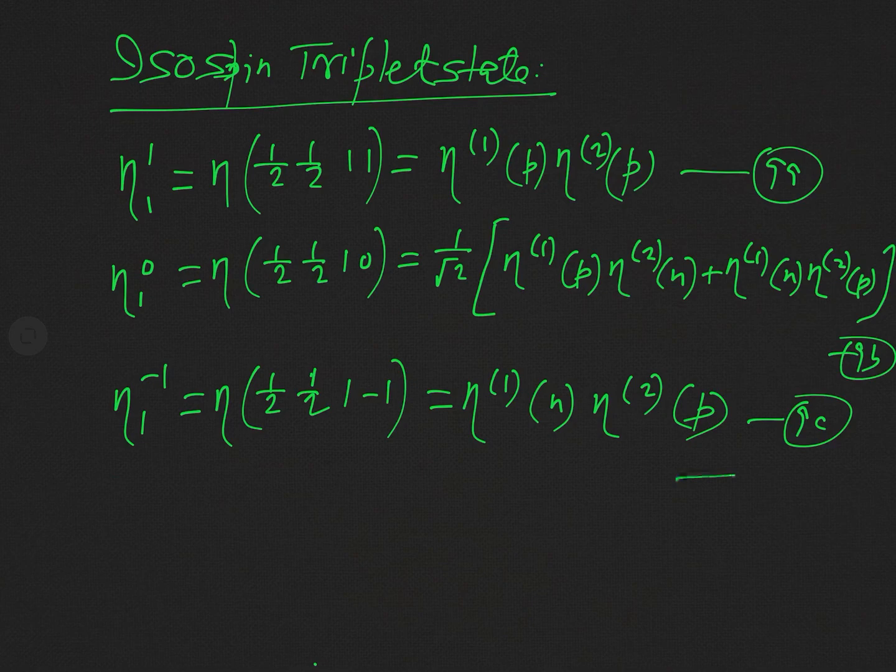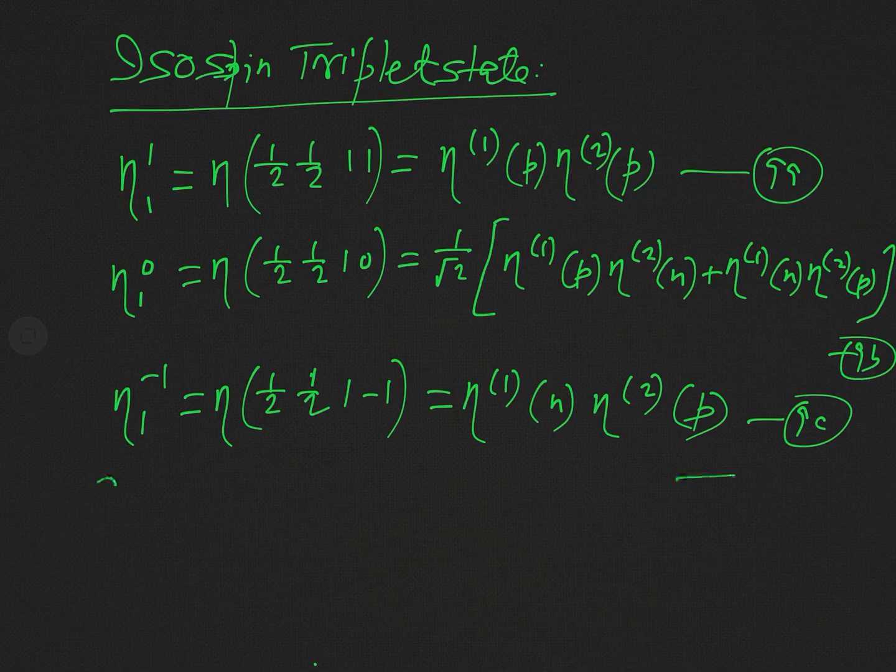So you can see the form of the wave functions defined in equations 9a to 9c. When we interchange the nucleons, that is, nucleon 1 becomes nucleon 2, or you can say 1 becomes 2 and 2 becomes 1, there is no change in the sign of these wave functions. The sign of the wave function remains the same, and if the sign remains the same, we know the wave function is symmetric.